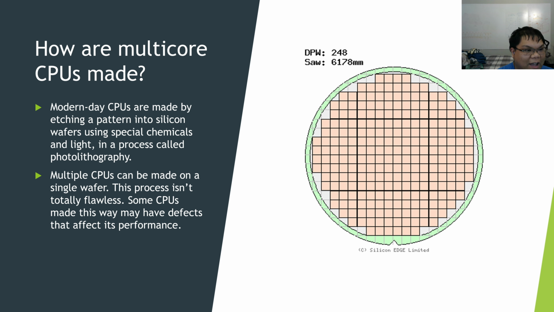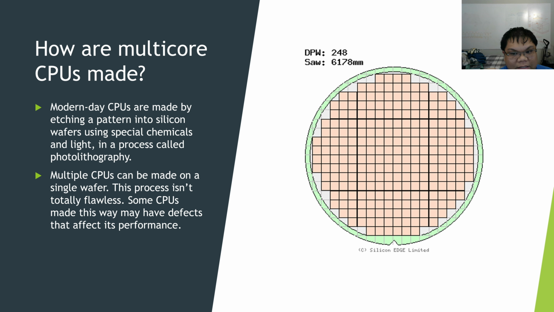We're basically writing into a stone, a silicon wafer actually. We're writing a pattern into a silicon wafer using light and special chemicals. So, as I said here, this is done by etching a pattern using special chemicals and light into a silicon wafer of a specified size.